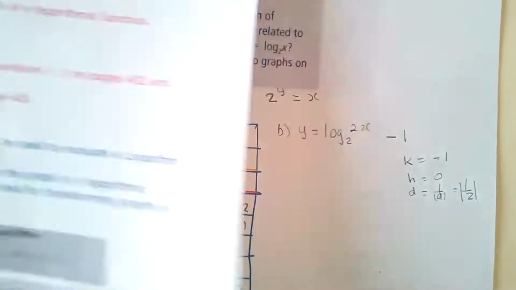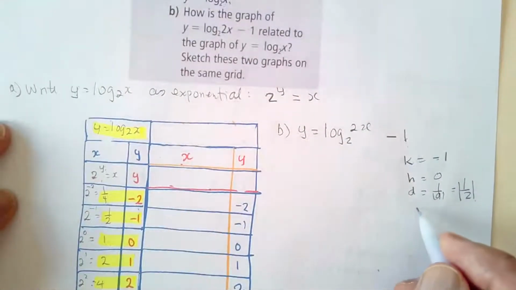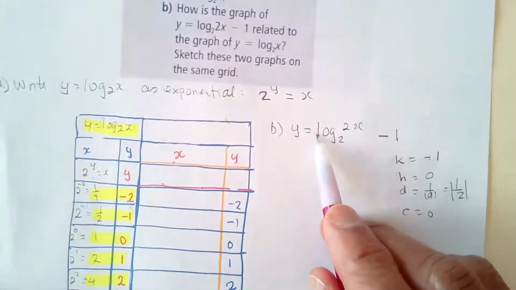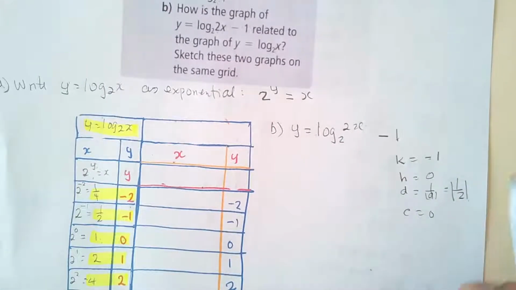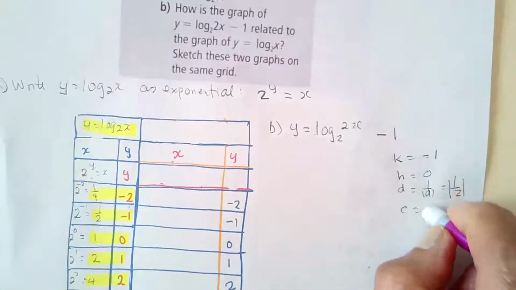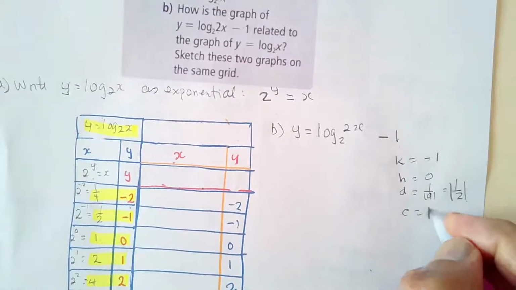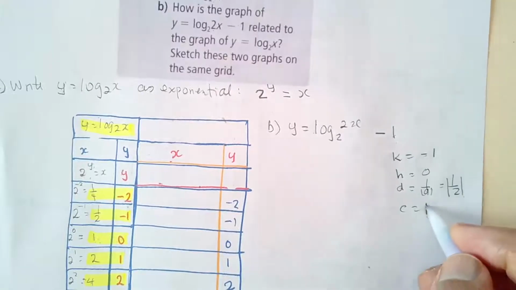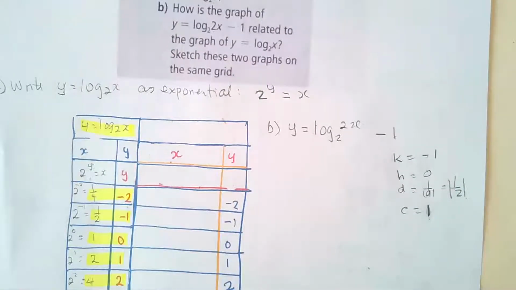So we can write that. Now this c is equal to 1, not 0, because there's no change of y value. No reflection either.